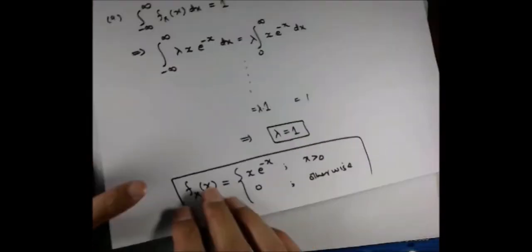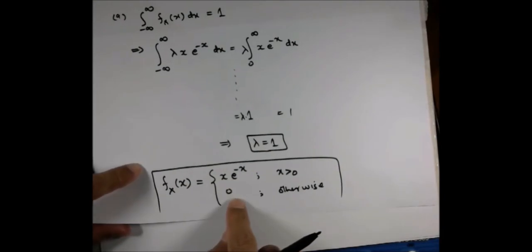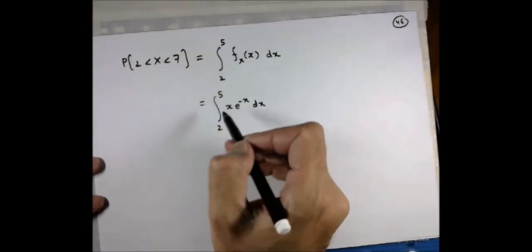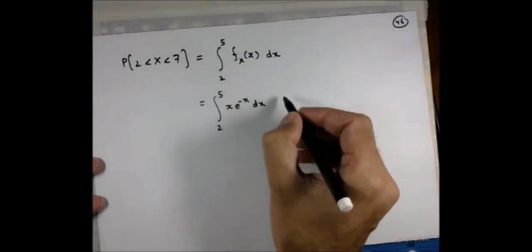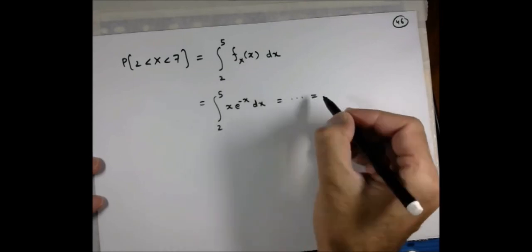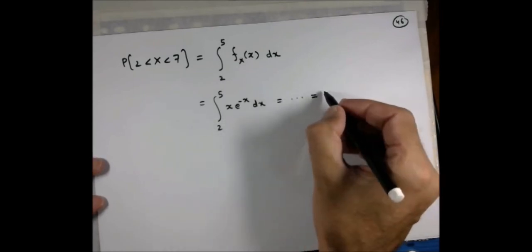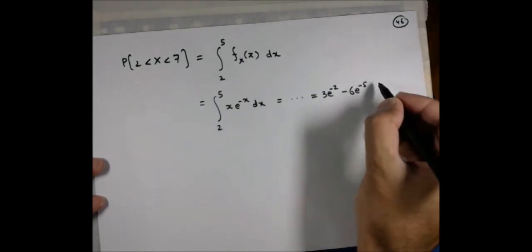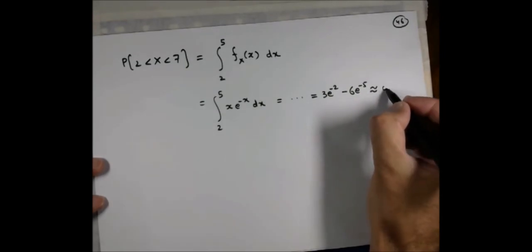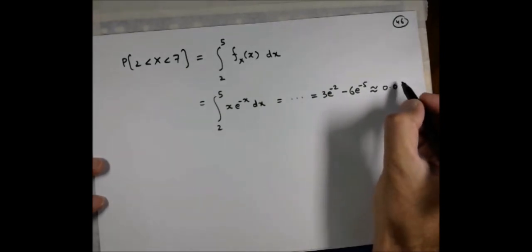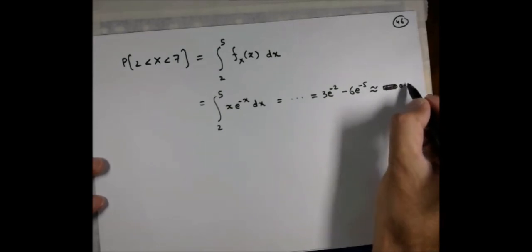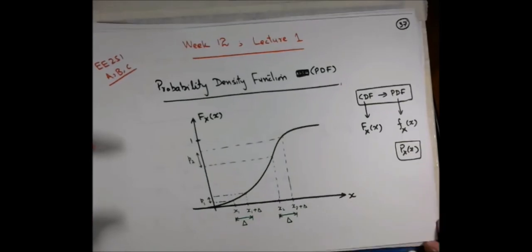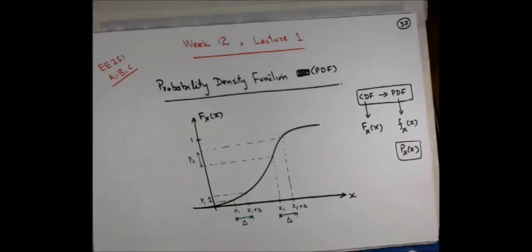If you remember, this is our final PDF expression. So utilize the PDF expression, integrate this, and obviously you have to do this at home, and you will see that you again end up at 3 e raised to power minus 2 minus 6 e raised to power minus 5, and that turns out to be almost 0.37, the same probability.